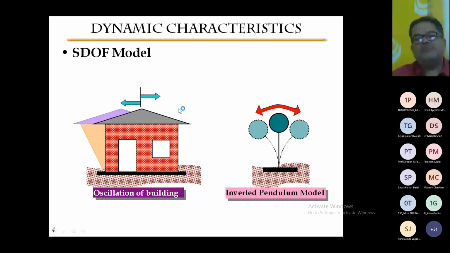So we assume that the mass is concentrated at the floor level or the slab level, and we converted our system, which is having the infinite degree of freedom, into a single degree of freedom system, and so it behaves like an inverted pendulum. This is what we assume.